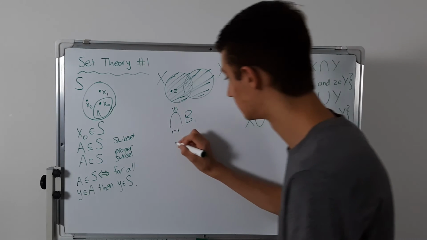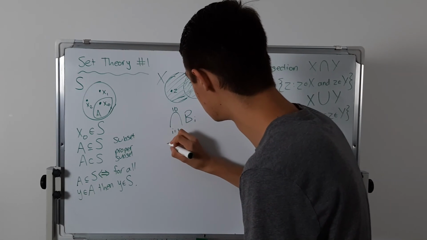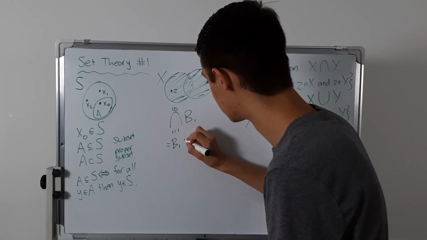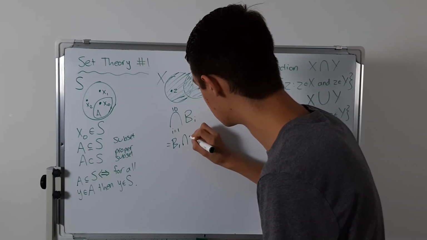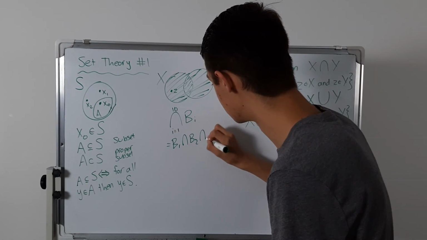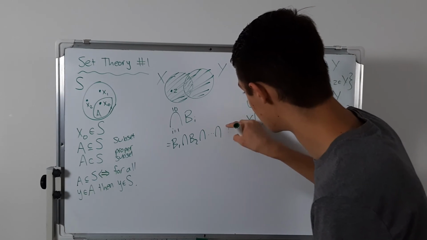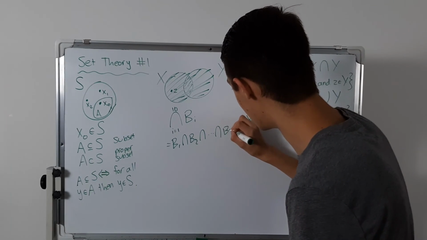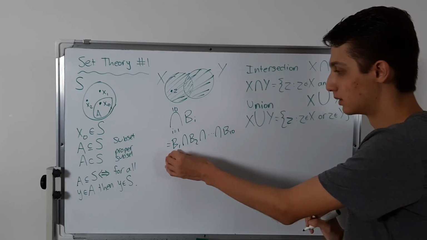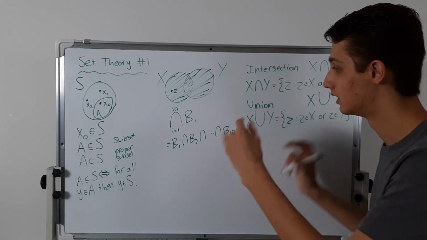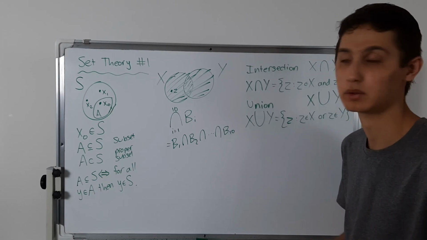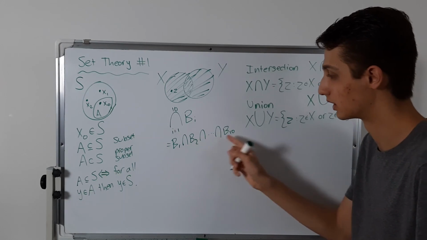This just means B sub 1 intersected with B sub 2, intersected with so on and so forth, all the way to B sub 10. So it's all these sets, B1, B2, B3, all the way to B10, intersect all of them. Same thing for the union, you just replace the symbols.